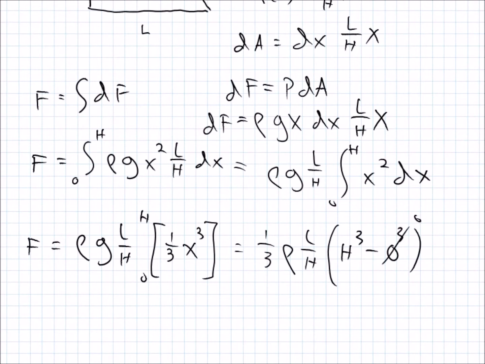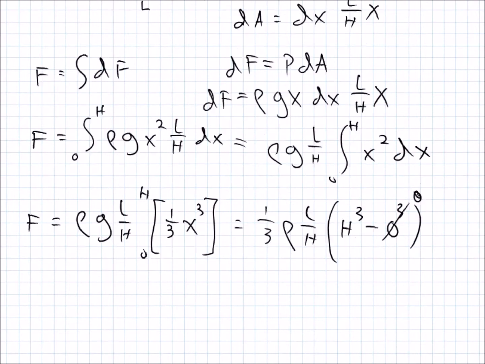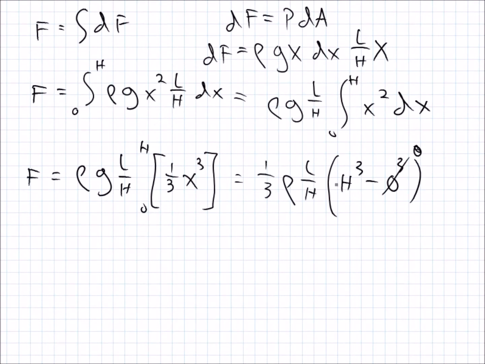Zero cubed is 0. And so I've got an h cubed and I've got a divided by h here. So final answer for my force on one side should be that. Wait, did I lose a g? I lost a g right here, sorry.